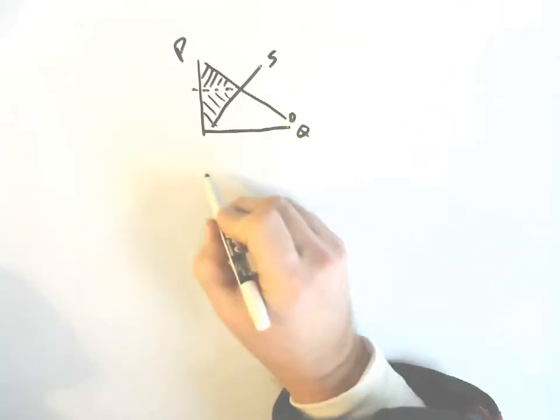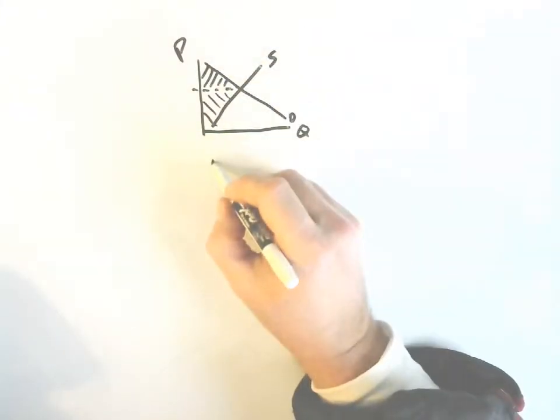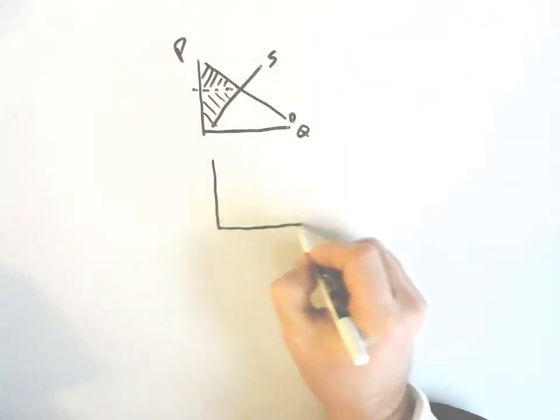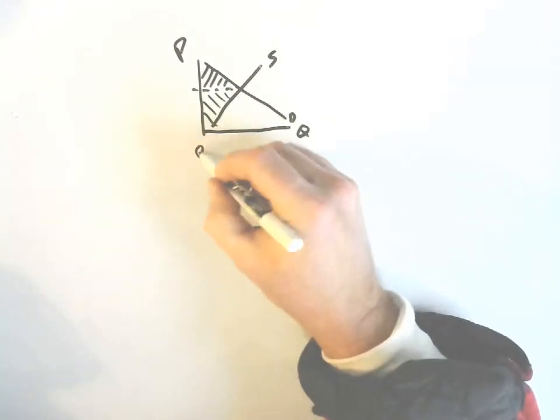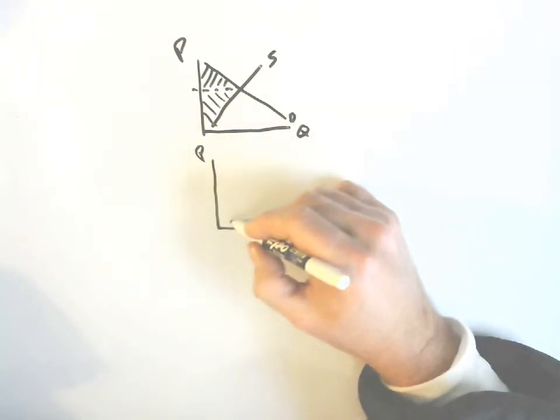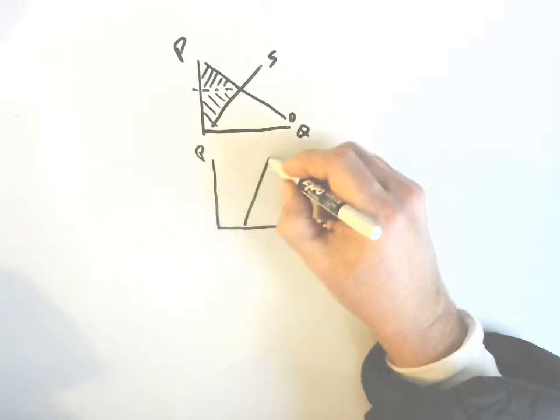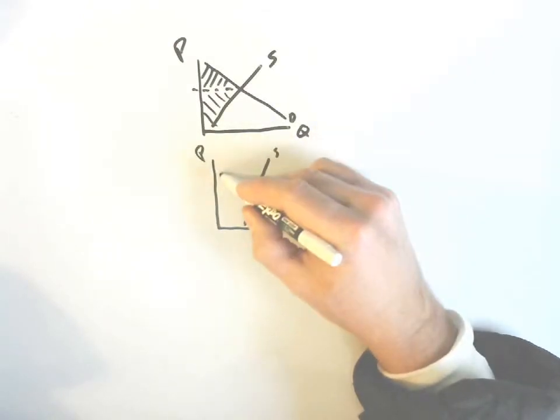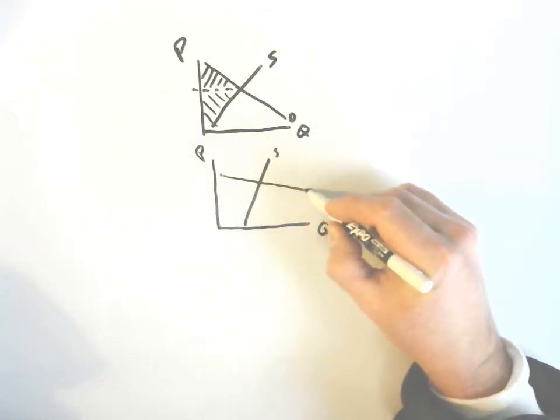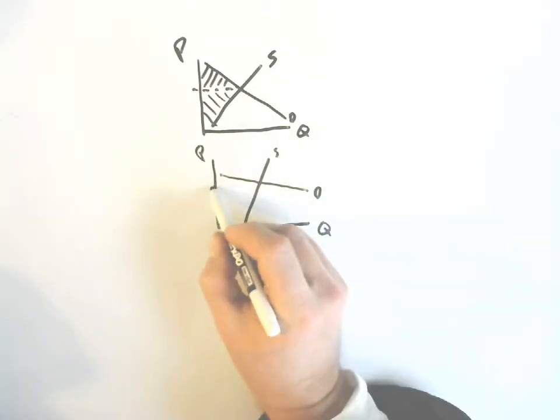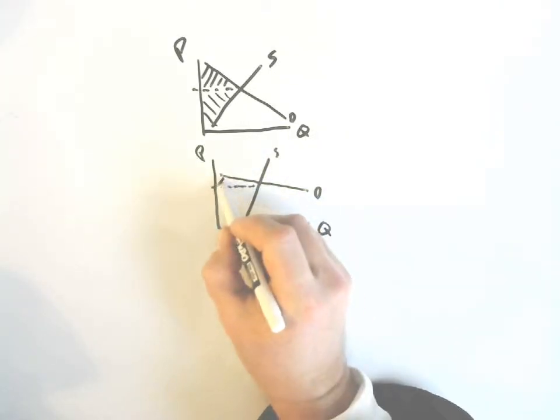Another scenario: we've got supply that looks like this, demand that looks like this, so a relatively steep supply curve.